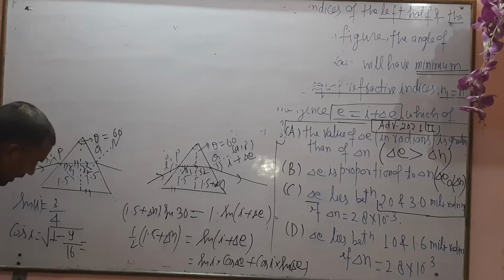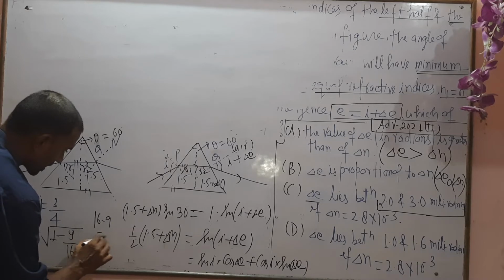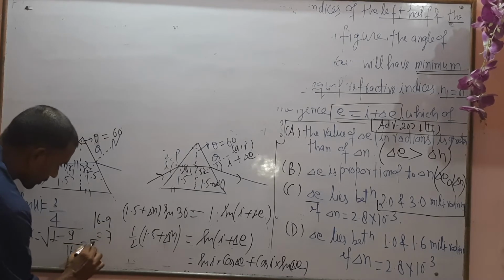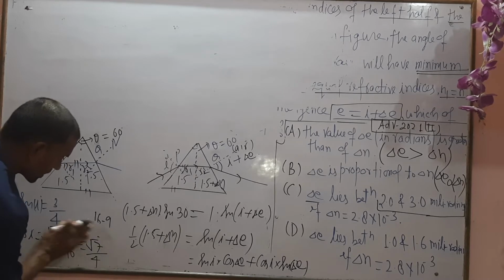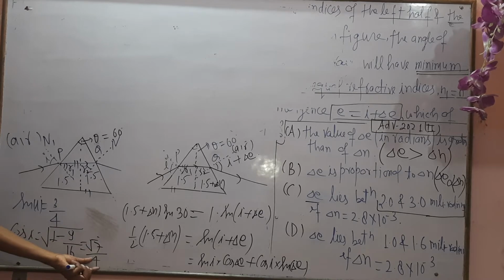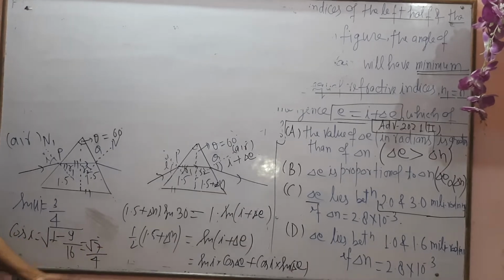Then 16 minus 9 equals 7, which implies root 7 divided by 4, because root of 7 divided by root of 16, and root 16 equals 4, so this will be root 7 divided by 4.